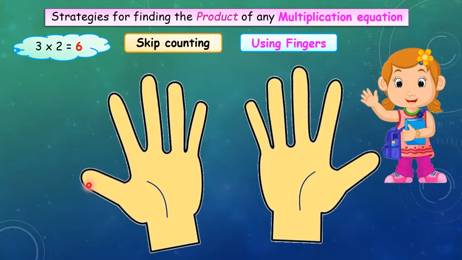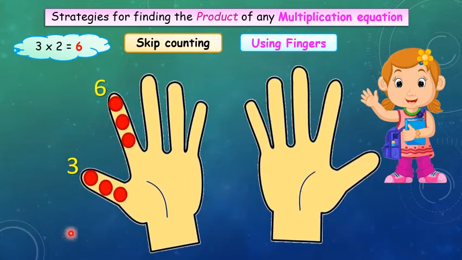If I count the first finger from the left, 1, 2, 3 parts, it equals 3. 4, 5, 6 parts, it will be 6. If I count my fingers, it will be 3, 6. We have 3 numbers in 2 fingers, it will be 3, 6.